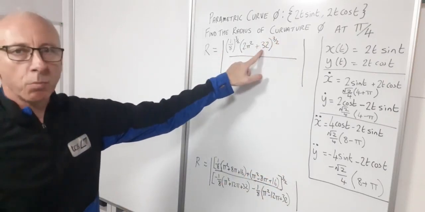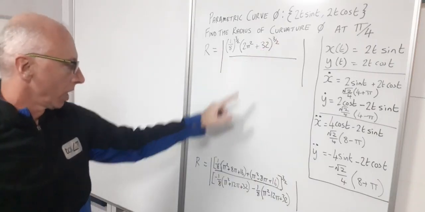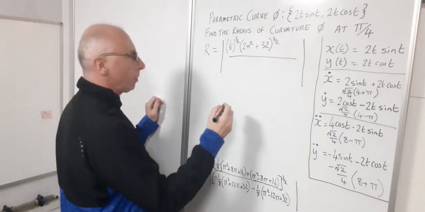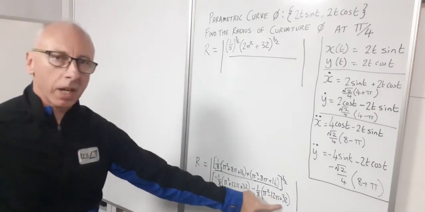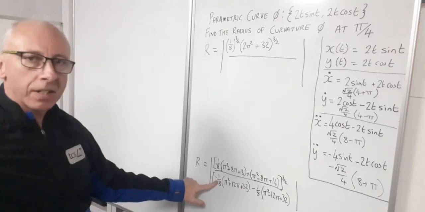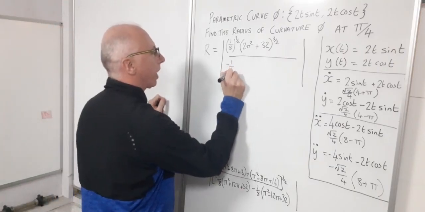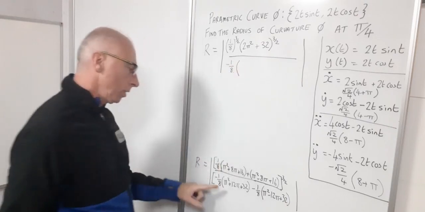So that's now my numerator looking a lot simpler. What about here? Let's look at this denominator. What can we do here? Just being careful with these minus signs. Now let's factor out minus 1 over 8. So minus 1 over 8. What can we do in here?